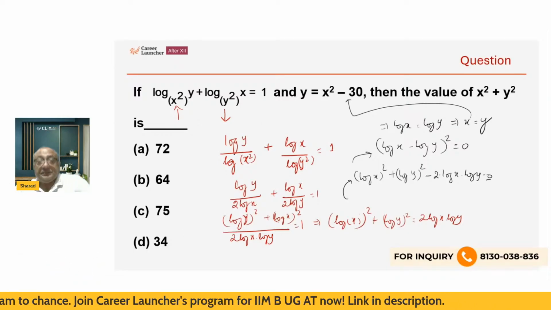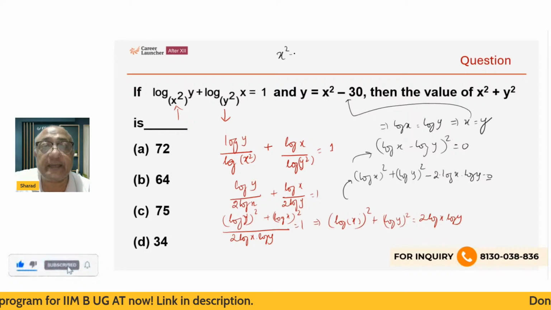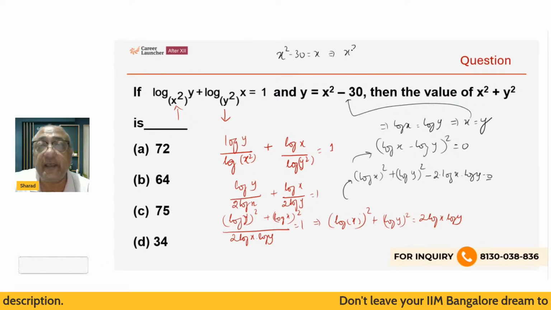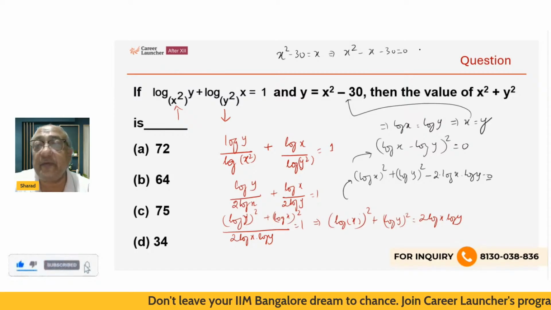Right, kids? Now, as soon as I have got this, x square minus 30 is equal to x. Oh, simple sa quadratic. x square minus x minus 30 equals 0.